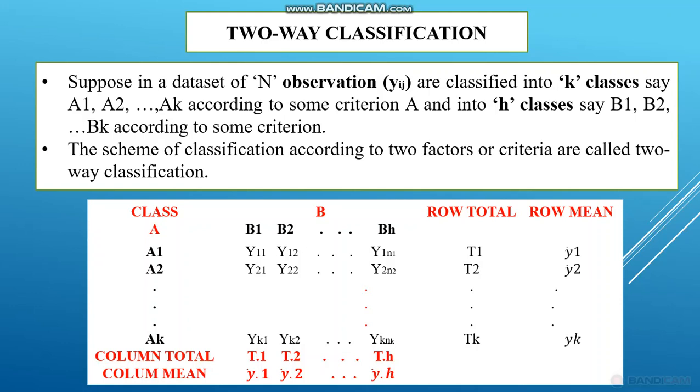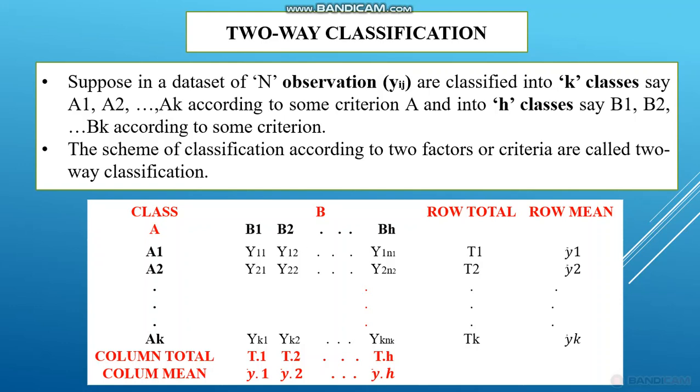Then we say the data is two-way classified data. The scheme of classification according to two factors or criteria is called two-way classification.